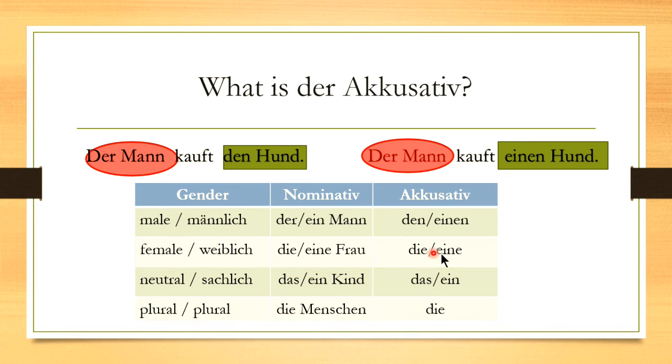It is still die and eine, it is still das and ein, and it is still die Menschen. So for example, if we would put in the child, and I know this is a terrifying example, but just for demonstration purposes, we would say der Mann kauft das Kind, or der Mann kauft ein Kind. So it is still the same article.